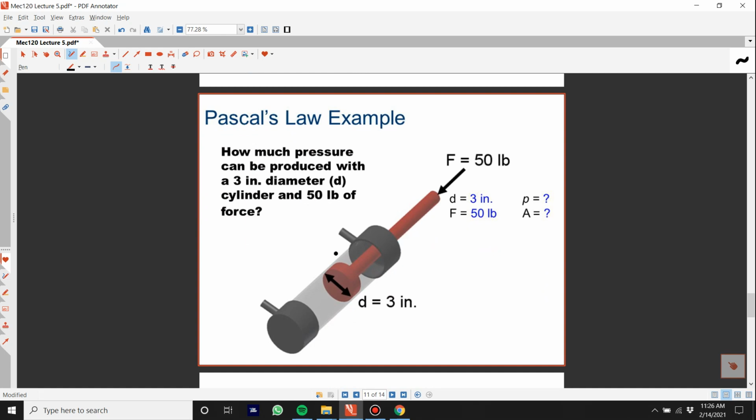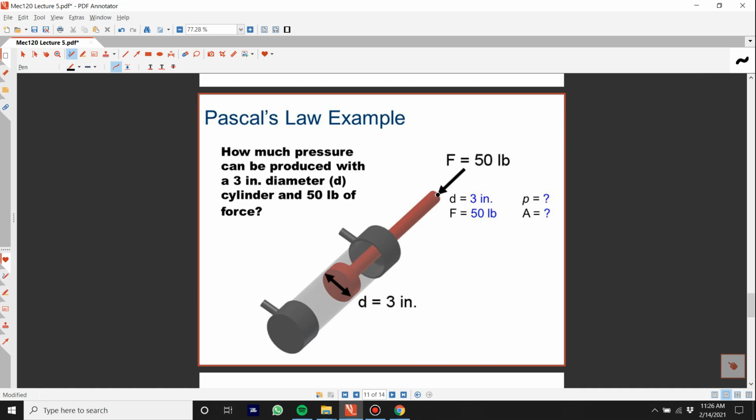Okay, we're going to do a couple of examples. I have a cylinder, and we've always applied a pressure to the cylinder and thought about its force, but it works in reverse.